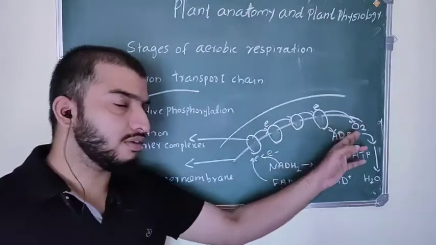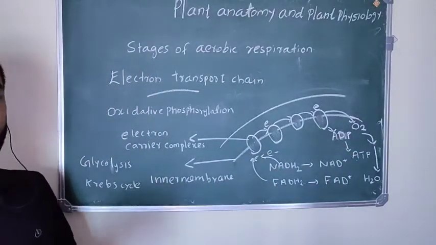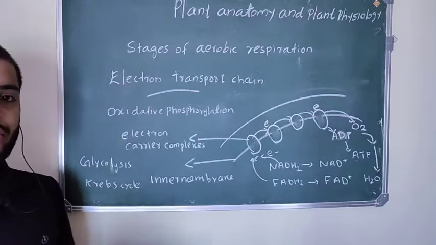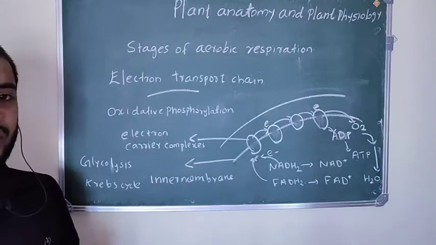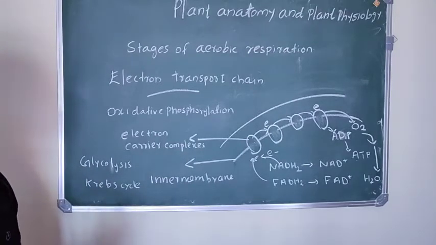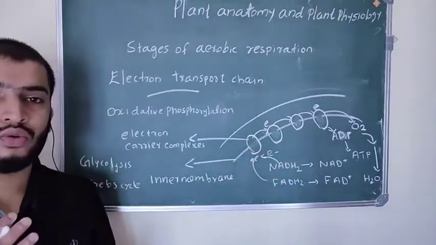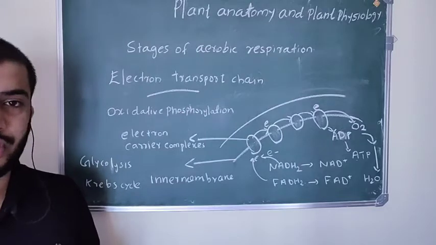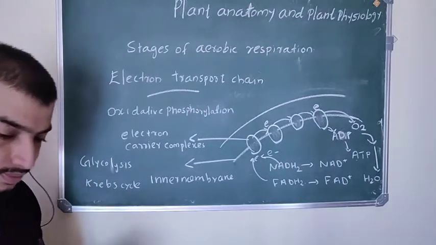So oxygen is the final acceptor of electrons, and it is reduced into water. These are the processes that take place in the electron transport chain. So finally, by aerobic respiration, energy as ATP is produced and water, H2O, is also produced. So this is about the electron transport chain.